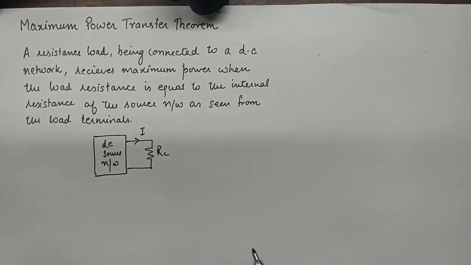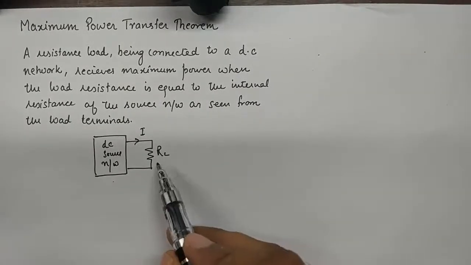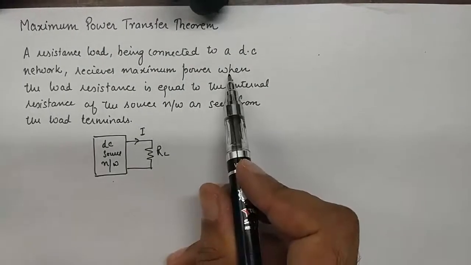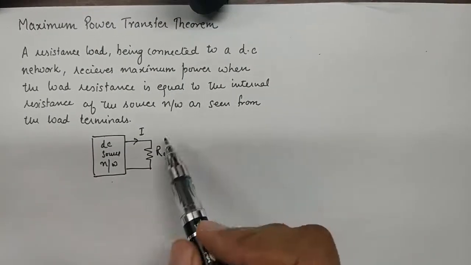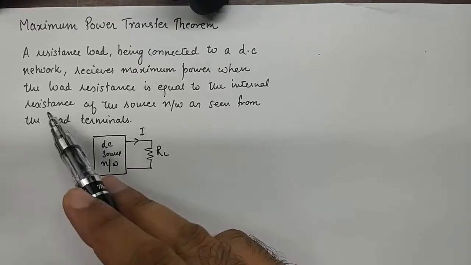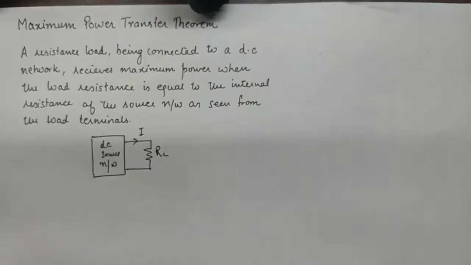It says for a DC network, if we have a load RL connected to a DC network, it will receive maximum power when the load resistance is equal to the internal resistance of the source network, as seen from the load terminal.